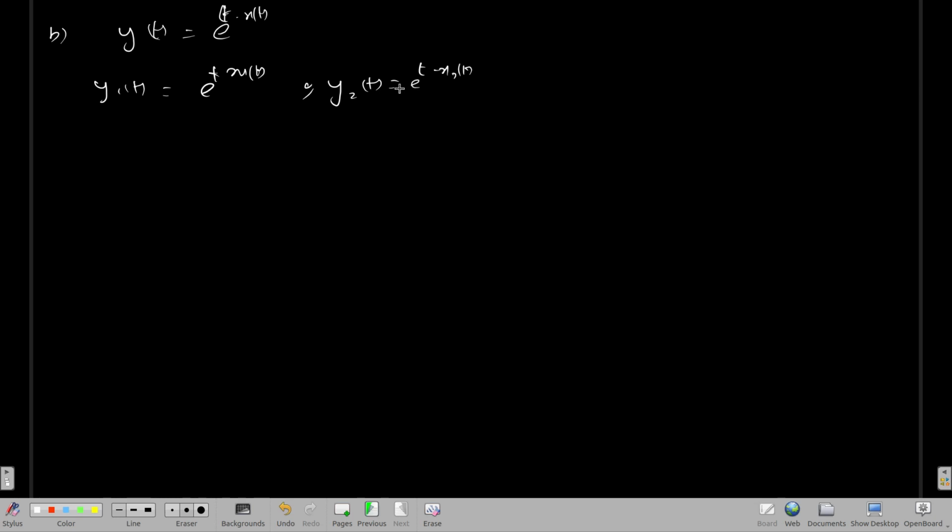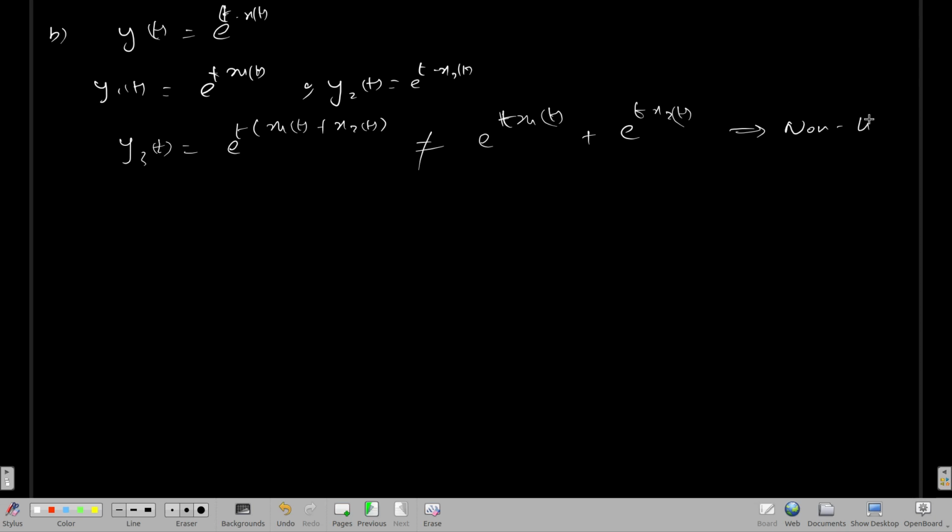Now if we give the input as x1 of t plus x2 of t, let's denote the output as y3. Then the output is e to the power of t times x1 of t plus x2 of t, which is not equal to e to the power of t x1 of t plus e to the power of t x2 of t. Therefore this is non-linear.